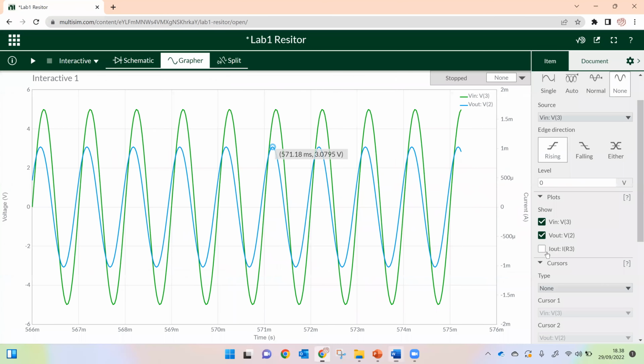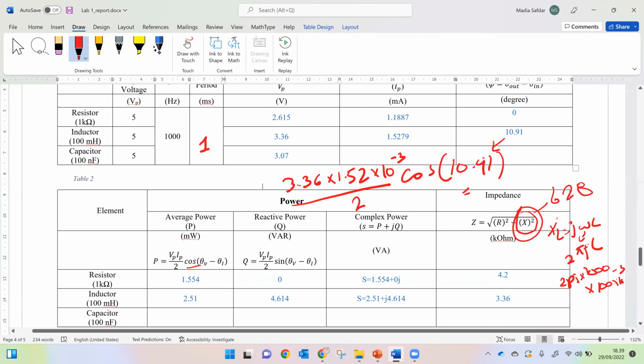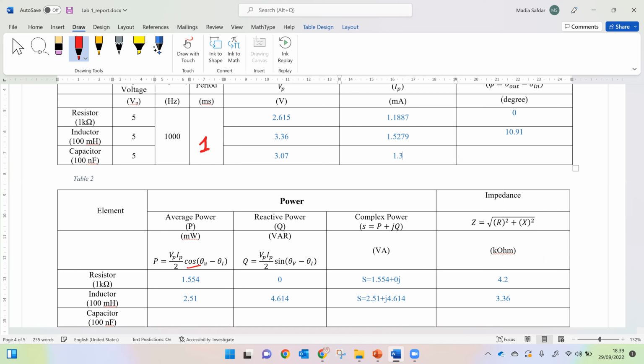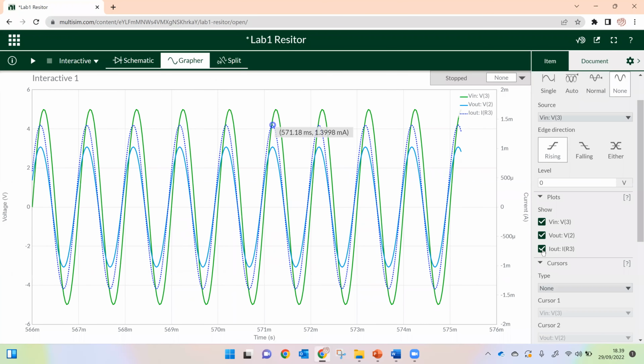Then current. Check it from here. Then 1.399, 8.3 milliampere, and then theta. Check this and check this one.